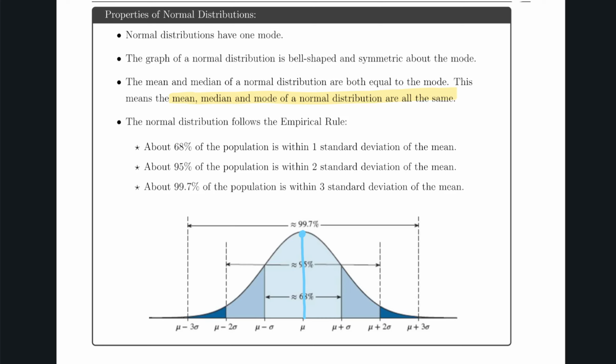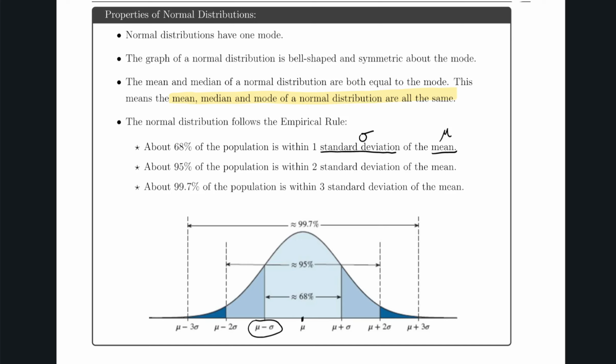In fact, we can say that 68% of the population will be within one standard deviation of the mean. Now remember, our notation for standard deviation is sigma. Our notation for the mean is mu. So here I've got the mean noted here. And can y'all see off to the left we have the statement mu minus sigma.